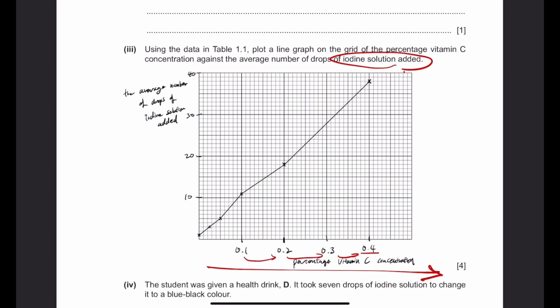But I think you can actually put the unit here as an extra indication. There's no unit for the drops, so you don't have to write a unit for the drops here. And this is how you get all 4 marks for the graph. Okay, so this is the graph that you want to draw.